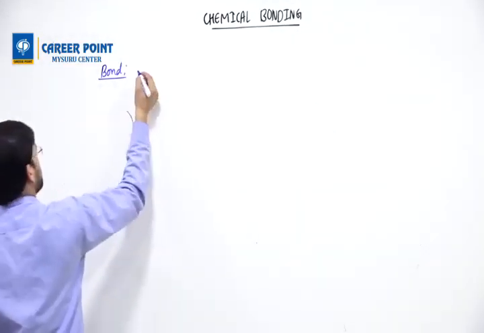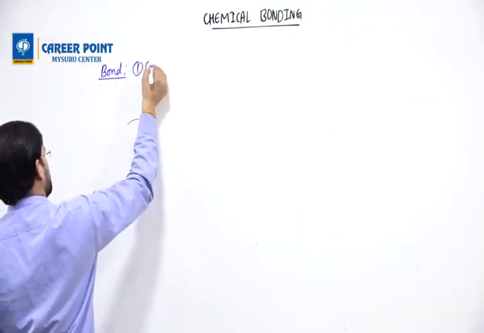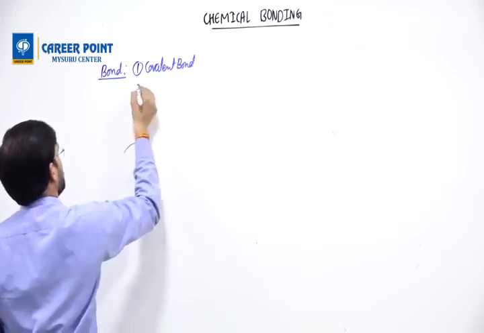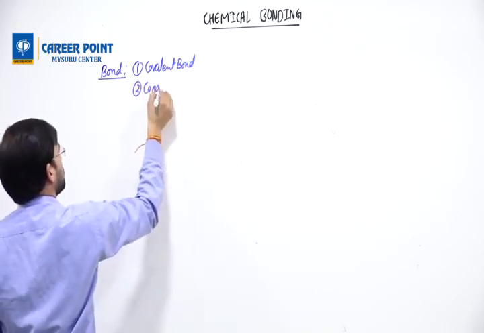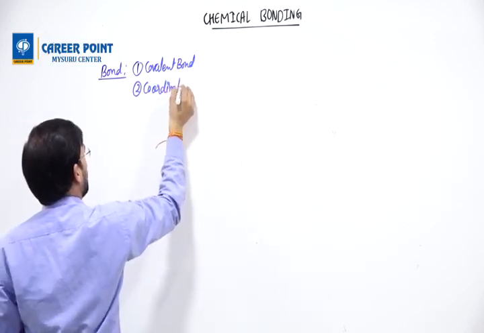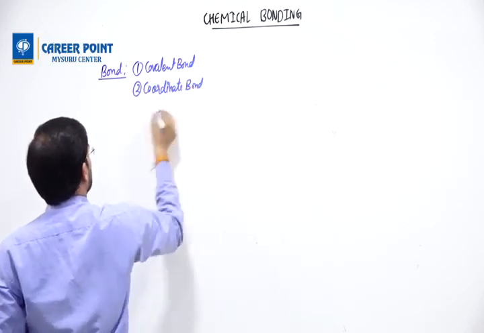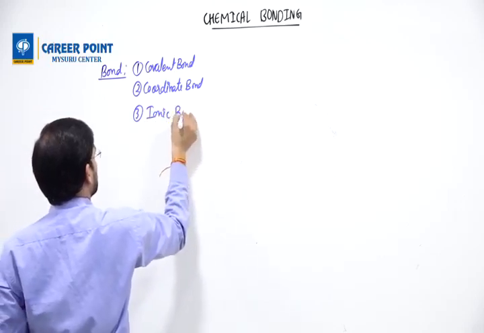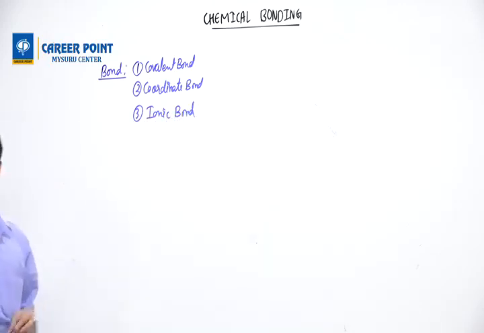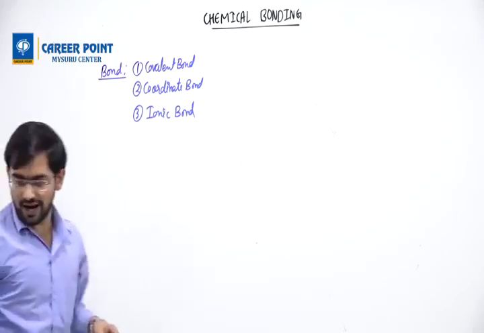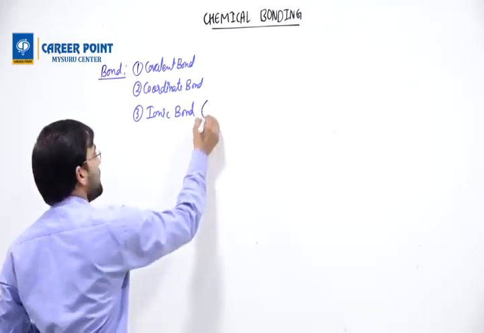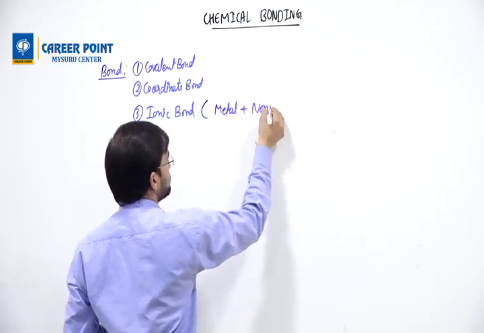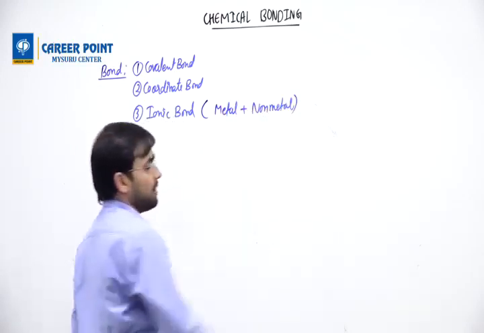The first is known as covalent bond, the second as coordinate bond, and the third as ionic bond. Right? So I'll give you the direct trick. An ionic bond happens between metals and non-metals.